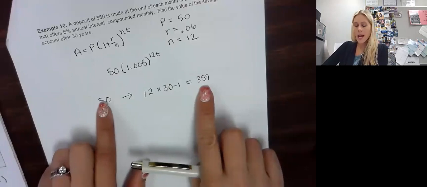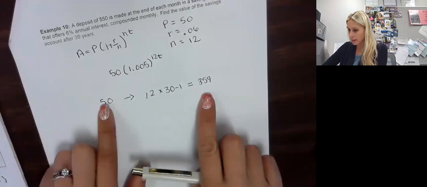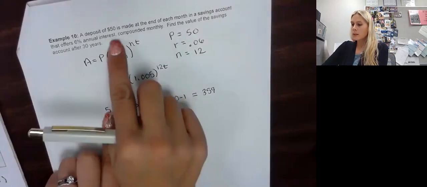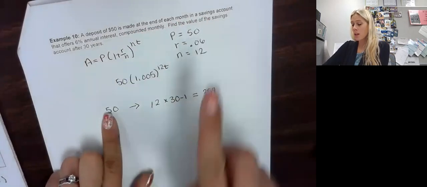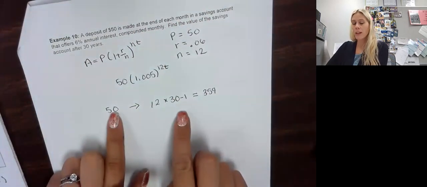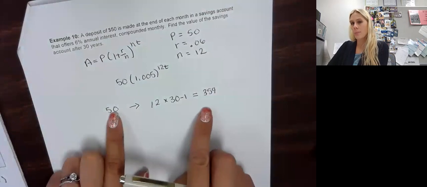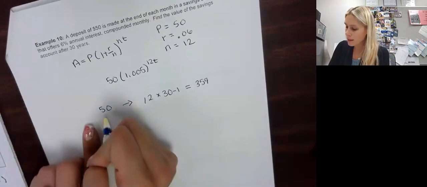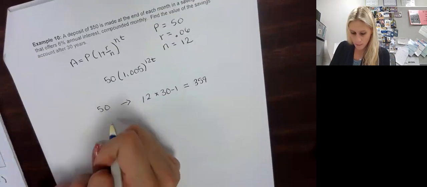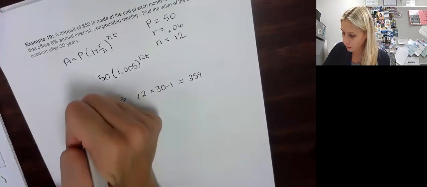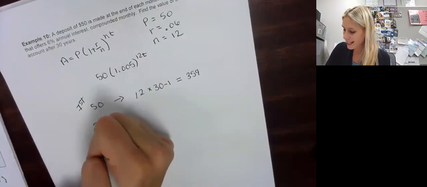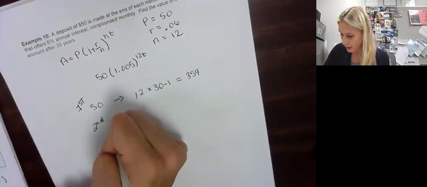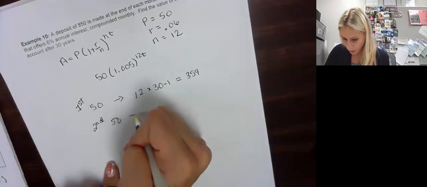Now the second deposit, because we are depositing $50 at the end of each month. So this is just $50. If we did $50 all together, we'd be done. But we're not. Every month we're doing it. So this is the first $50 we put in. The second $50, right?